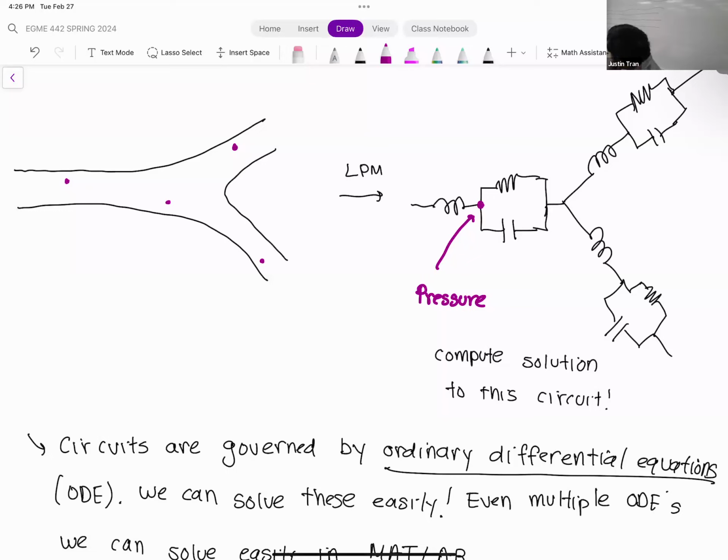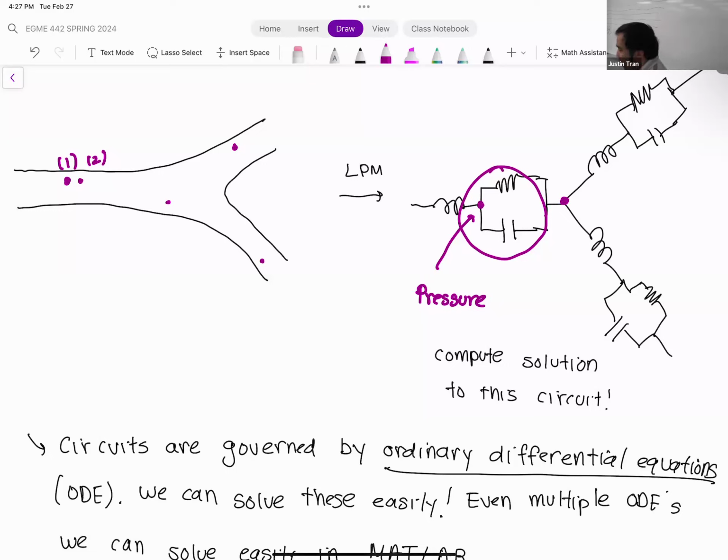Not only that, but you're limited in that when you compute this pressure, we basically assume that this pressure is the same in every part right here. The only time we can experience a change in the results is when we move past a circuit element. That's very different from saying that if we start from point 1 right here on the left, we can move just a little bit downwards to point 2, and we can actually compute and see that there's a change in pressure, a change in velocity as we move from point 1 to point 2.